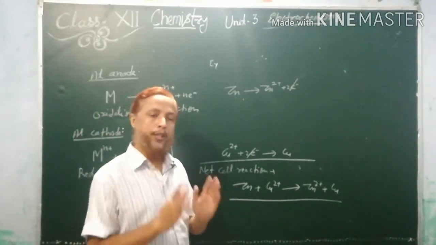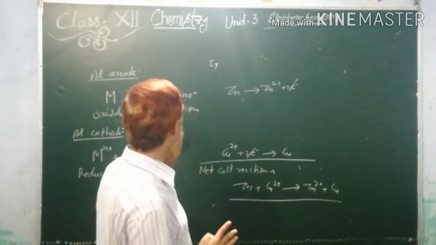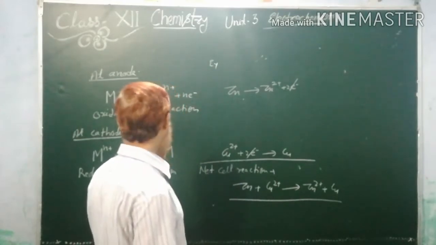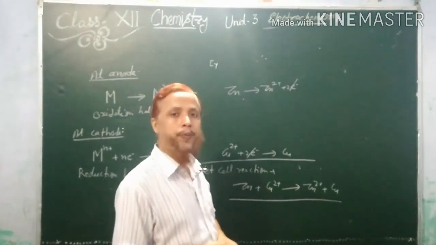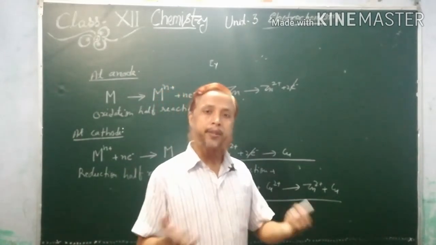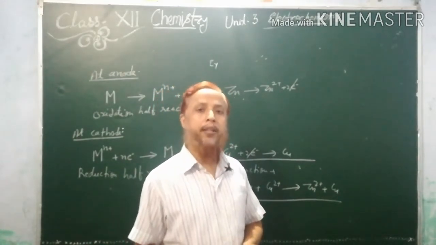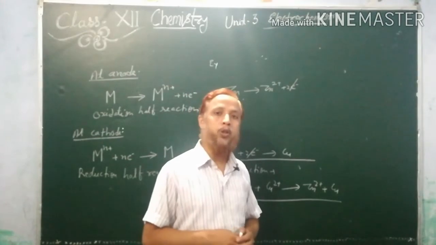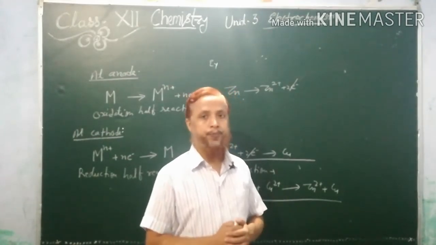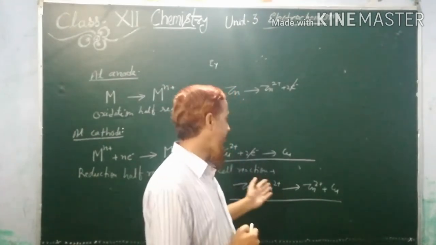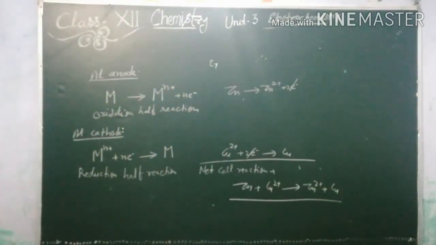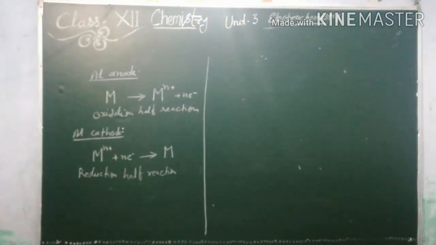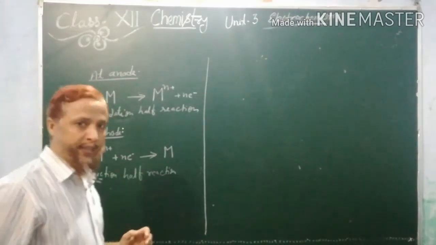Firstly you write the oxidation half reaction, then you write the reduction half reaction. Check the number of electrons in both. If the number of electrons is the same, then add them. If different, then use a suitable number to equalize them. So very simple. Please note down. Writing the net cell reaction is very easy.